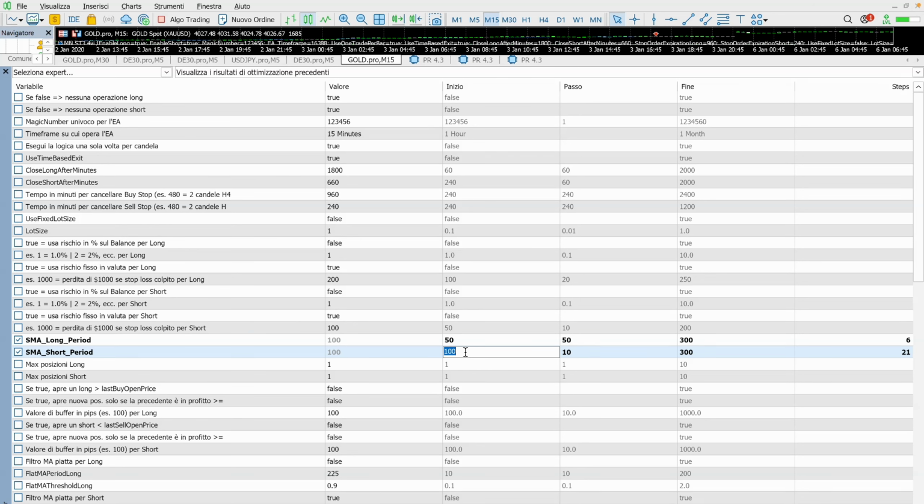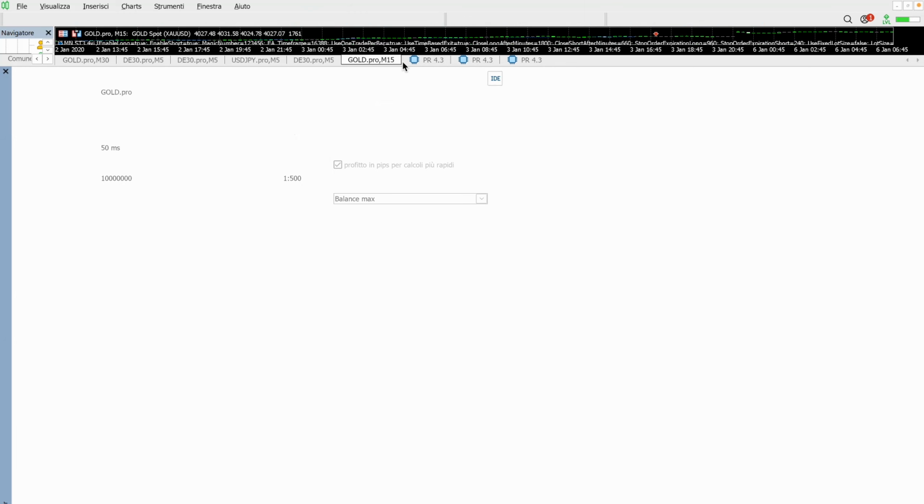The starting, choose the first number, so let's say 10, and then the pass is going to be 10 as well, and then you click start, and the live tester algorithms is going to take your algorithm and then try all of the possibilities, in this case it is 900, and see which one performed well. I'm going to do a really basic sample here just to show you the process.